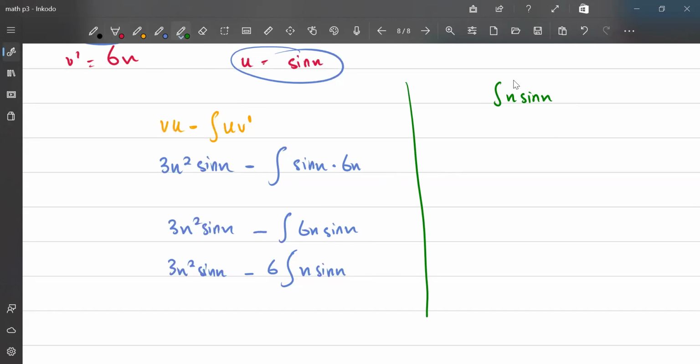All right. So in the LIATE order, algebraic function comes first, which is v, and sin x comes afterwards, which is u dash. So v is x, and v dash would be 1, and u dash is sin x, and the integral of sin x is negative cos x.